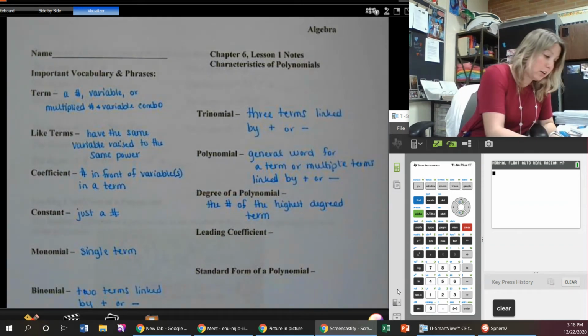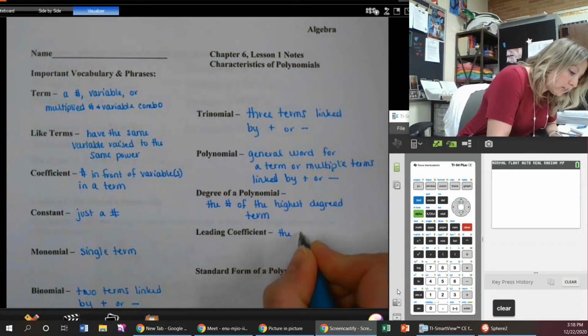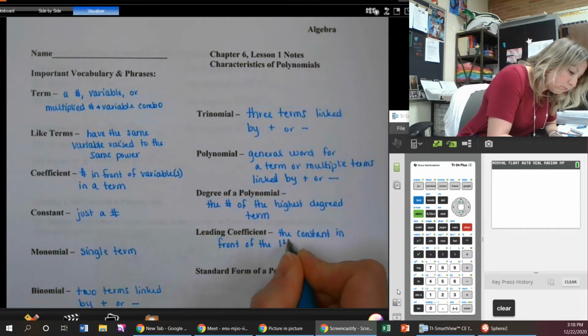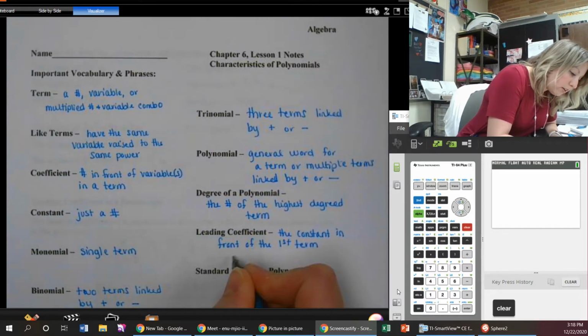The leading coefficient is the constant in front of the first term in standard form.